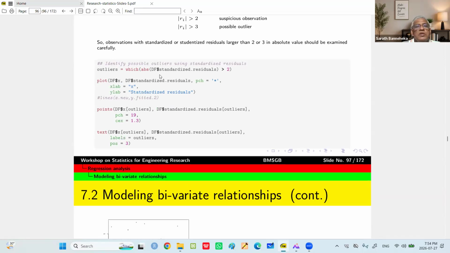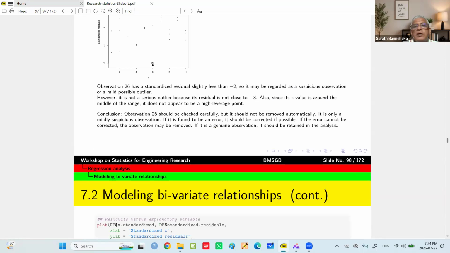So which outliers are greater than 2, and I have identified them as outliers. For the moment, I have called them outliers. And here, there is one observation, 26, with a standardized residual slightly less than -2. Slightly less than means the absolute value is greater than 2. So it may be regarded as a suspicious observation or mild possible outlier.